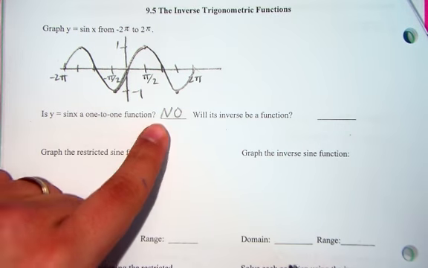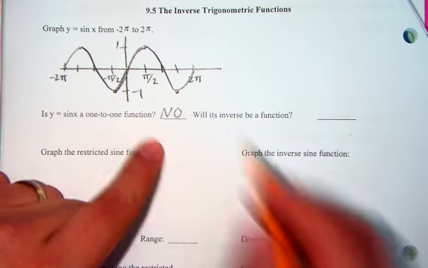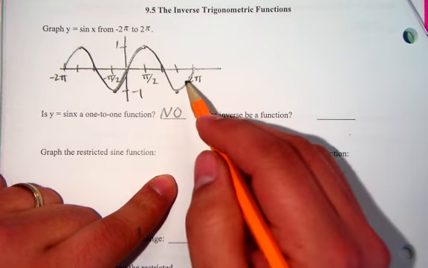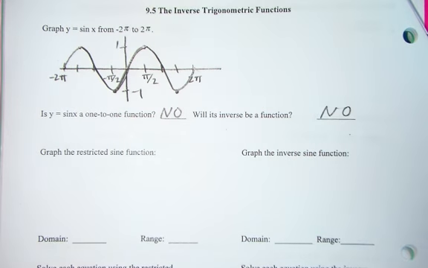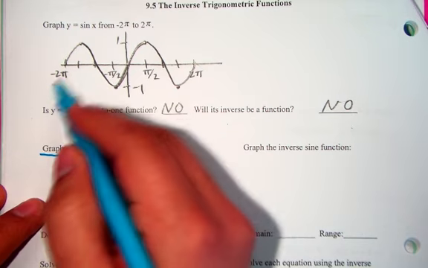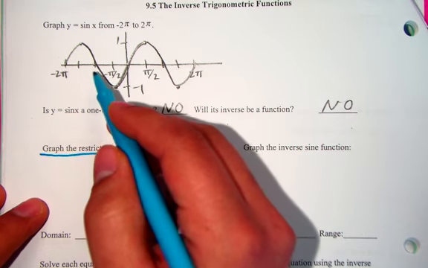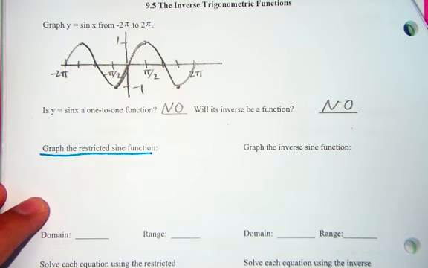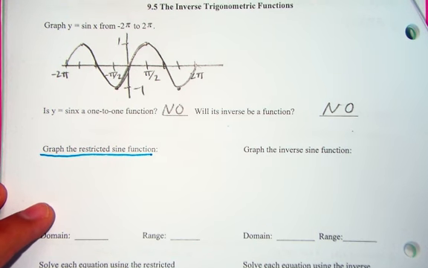And for that reason, the way this is graphed currently, the inverse will not be a function either, which presents a problem for us. Okay? But what we're going to do is chop up the sine graph so that we hit every possible output that we need. So you know how we're always between -1 and 1, right?